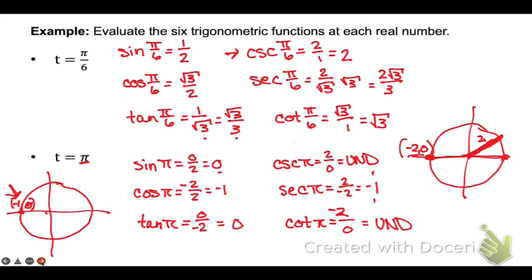On the quadrantal angles, you don't have to put it over r. It's already done for you. Tangent would be y over x, yes? So 0 over -1 would still be 0, and -1 over 0 would be undefined. So on the quadrantal angles, the x over r has already been done for you.